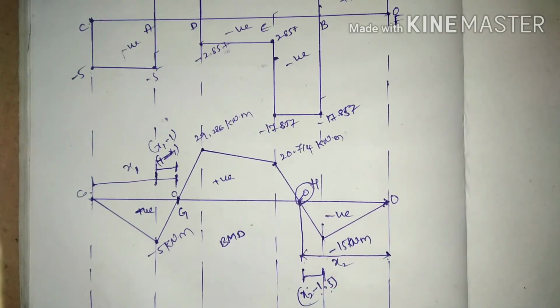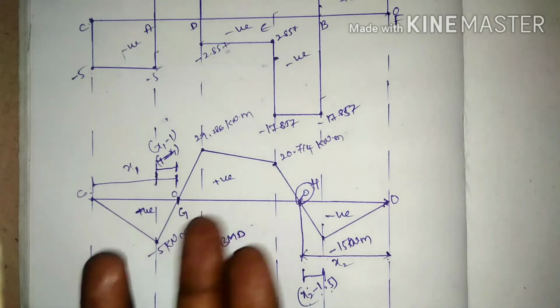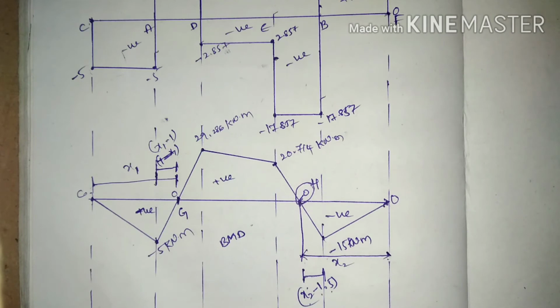Let's see that. Taking the moments, this is LHS and this is RHS. You can take the sign conventions as we followed before: taking the moments from LHS, clockwise as positive and anti-clockwise as negative.